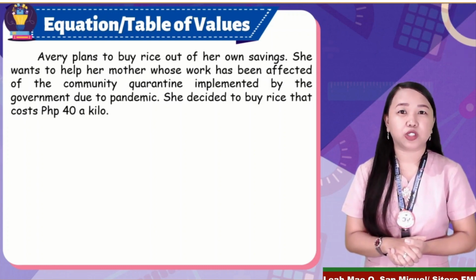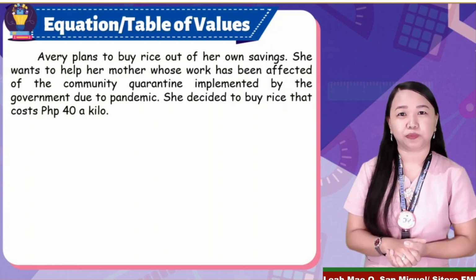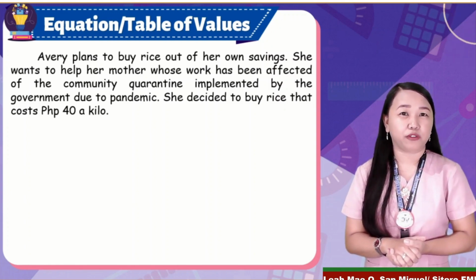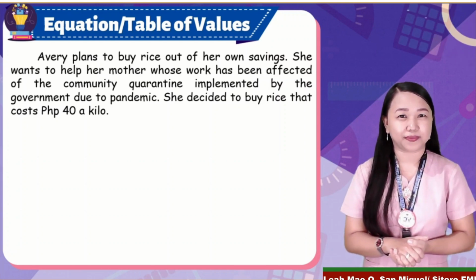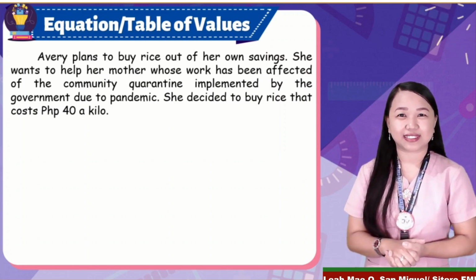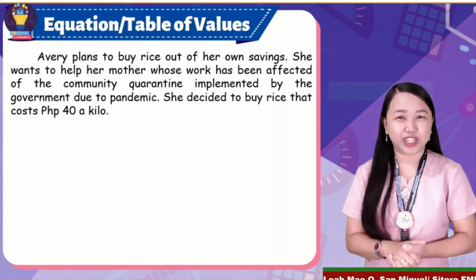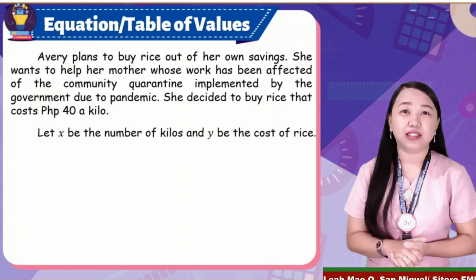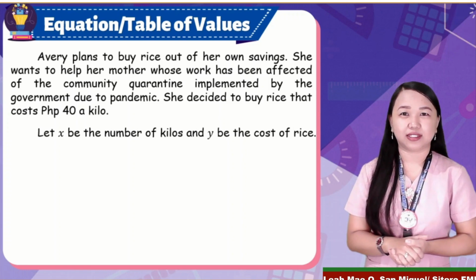She decided to buy rice that cost 40 pesos a kilo. What do you think are the two quantities involved in the given situation? Very good. The quantities are the number of kilos and the cost of rice.